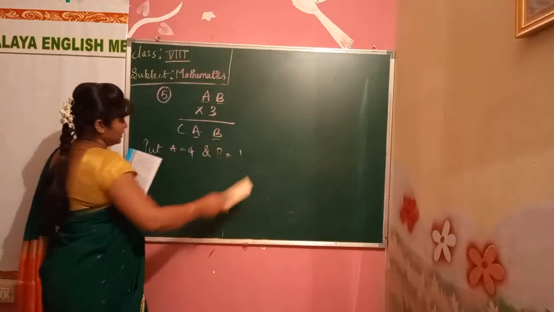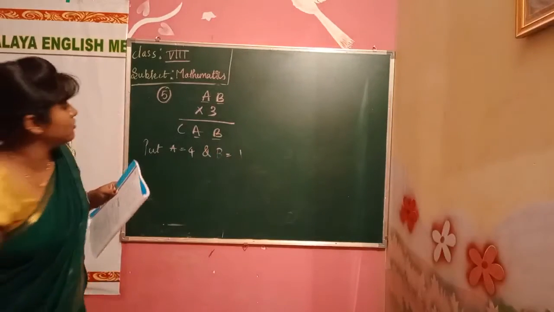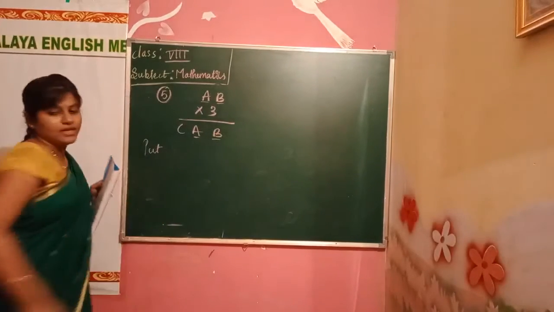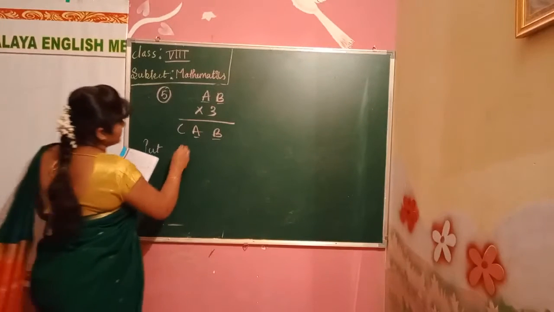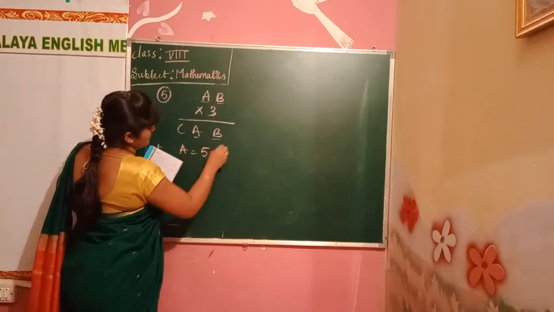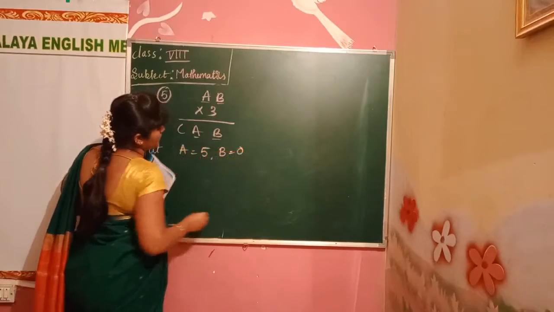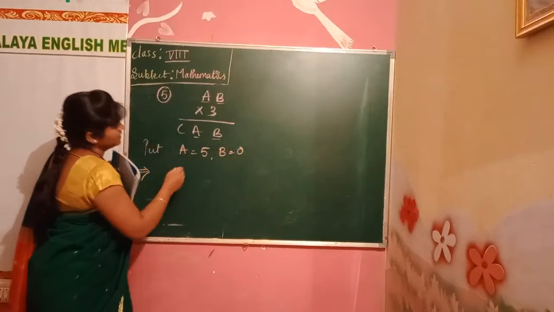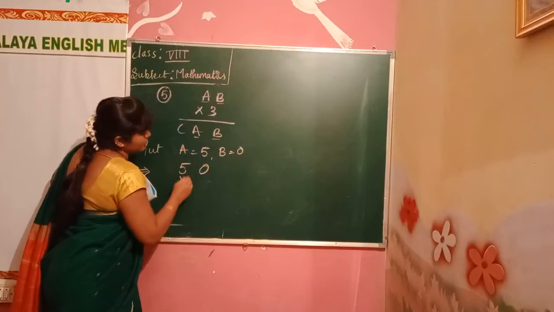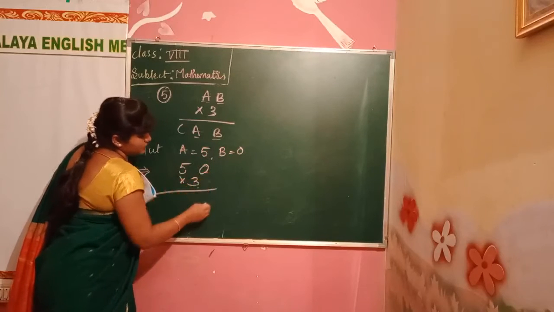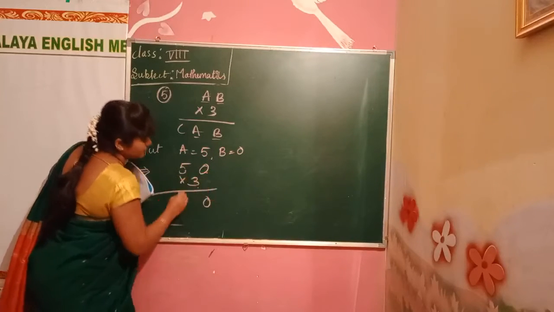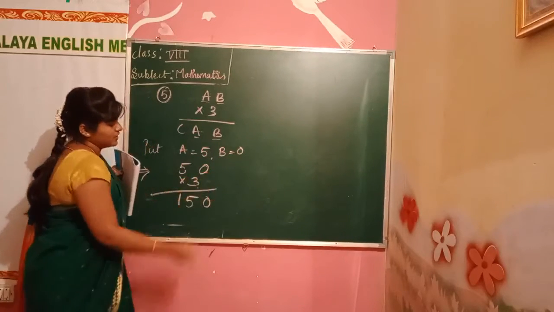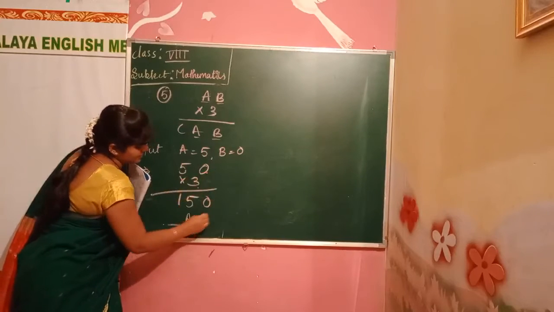So I am changing the whole number. Now I will put 5 where a is, and 0 where b is. Okay, now try 5 0 into 3. 3 zeros are 0, 3 5s are 15.